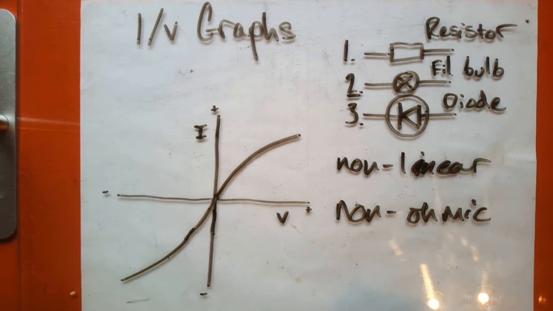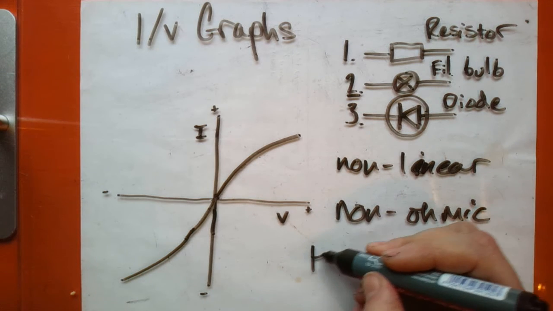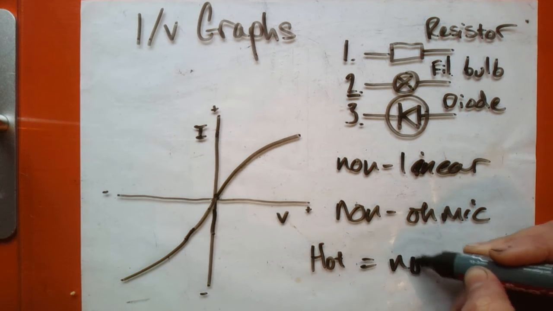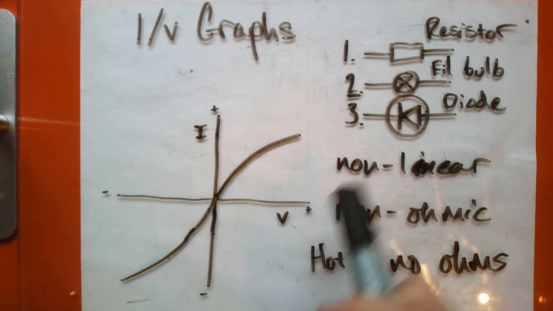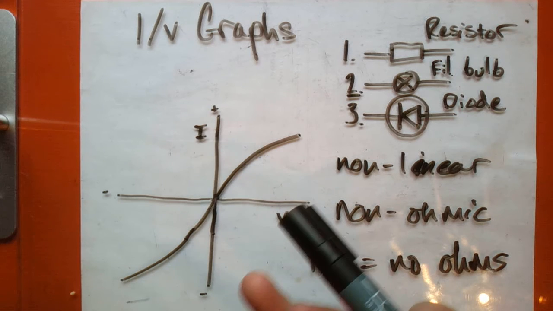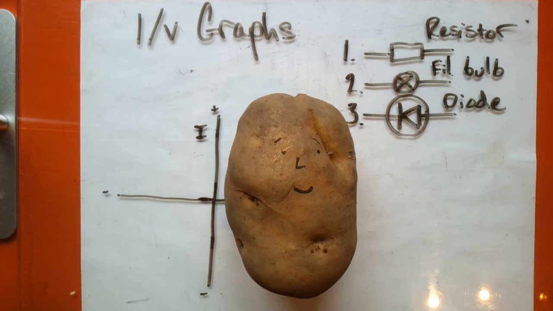We know that this is a non-ohmic device because it doesn't follow Ohm's law, and that is because, as we spoke about before, it gets hot. We can describe this filament bulb as a resistor because it resists the current's flow. If it gets hot, it can't follow Ohm's law, because for a resistor to follow Ohm's law, it must not heat up.